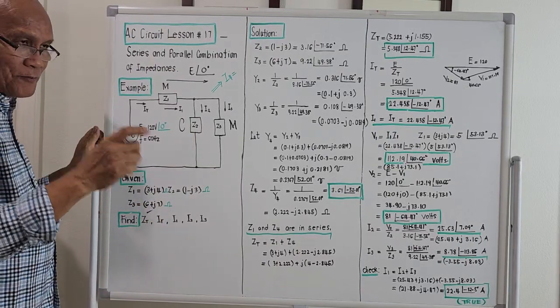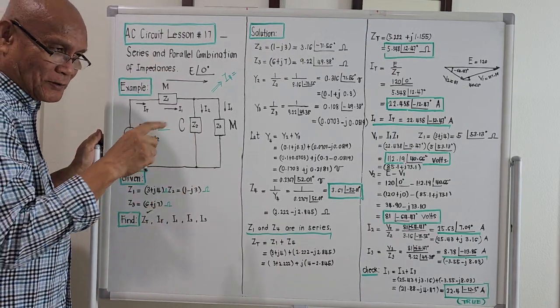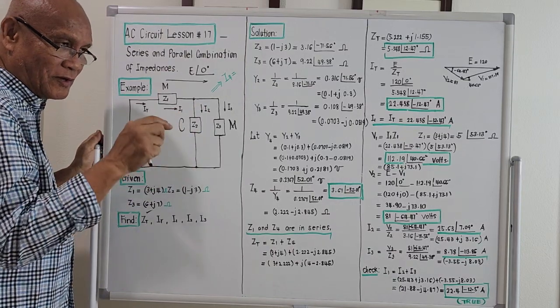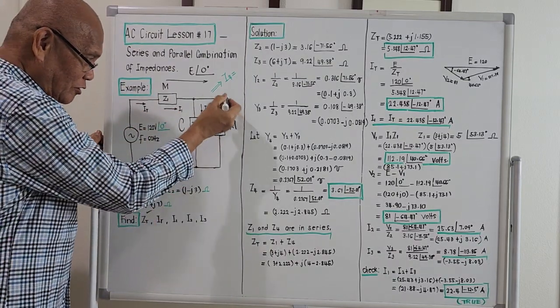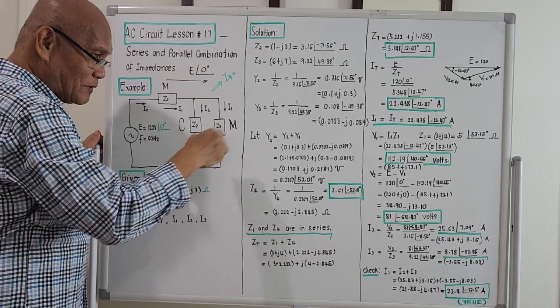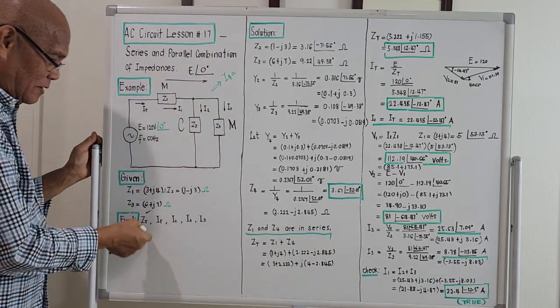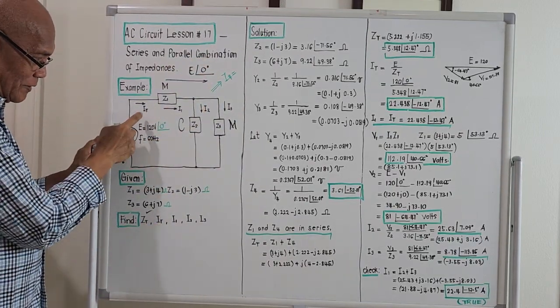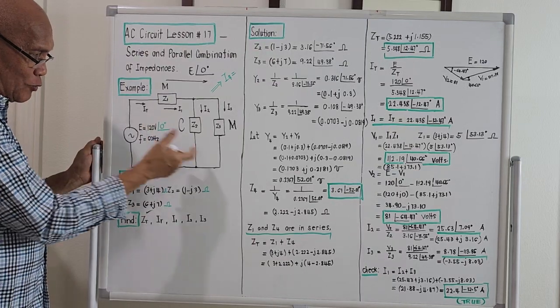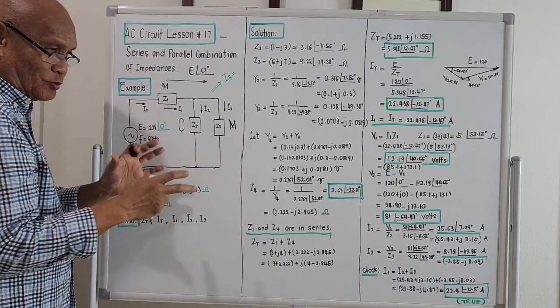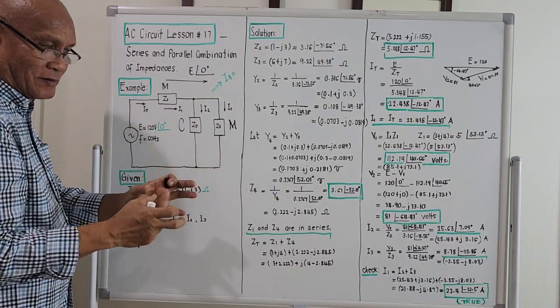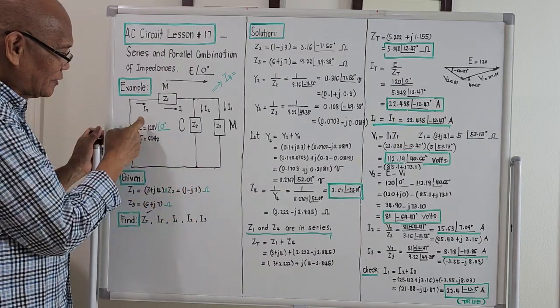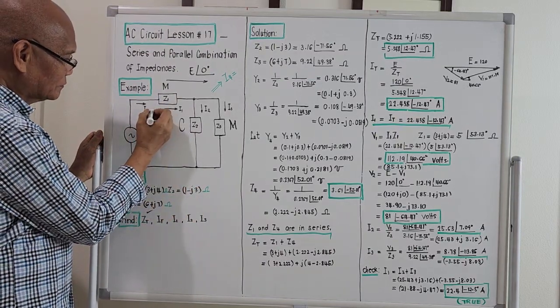The capital letter Z with the subscript T means total impedance. If we compress this as a single impedance, what will be the total value? Next one, what will be the total current? If we compress this, of course, it will draw a current, right? So I am asking for the value of the total current.